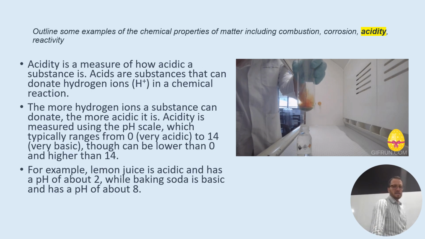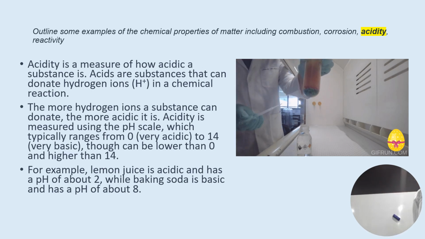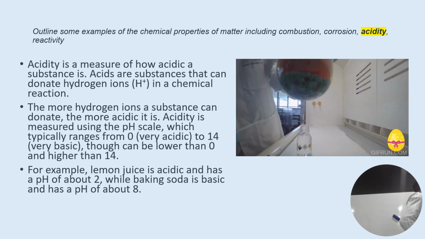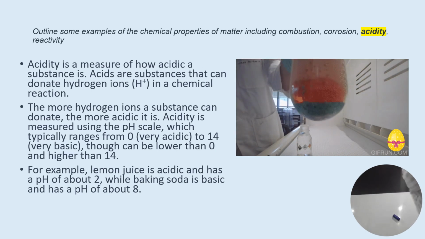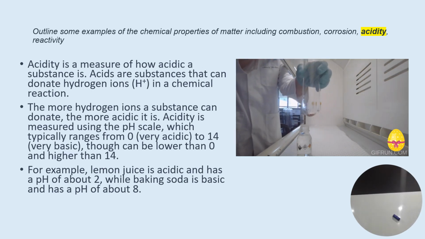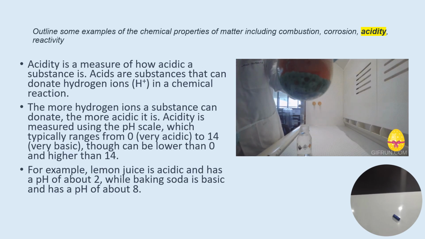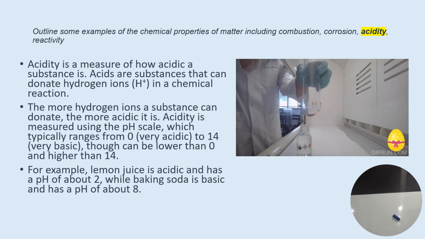Two more. Acidity. Acidity is a measure of how acidic a substance is. This little video of me is a reaction involving concentrated nitric acid with copper. Nitric acid is very acidic.